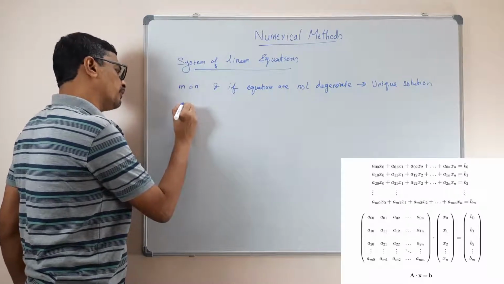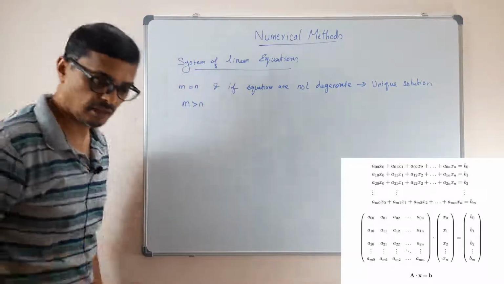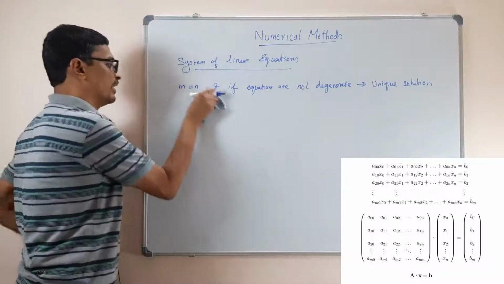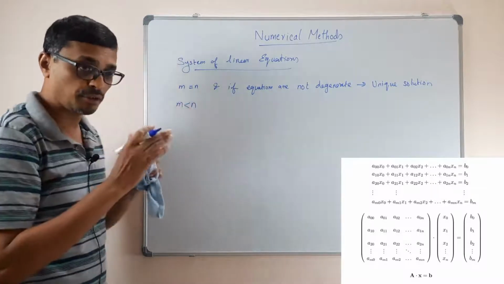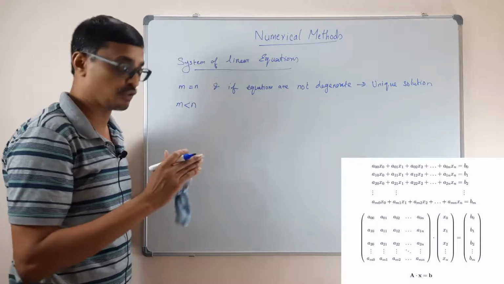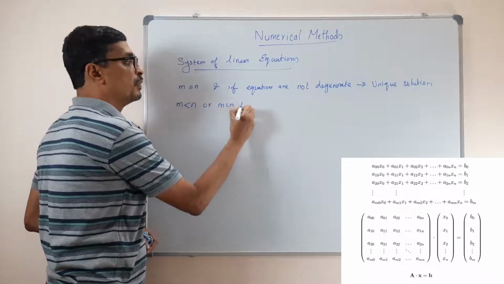Now, let us take m less than n. That means the number of equations is less than the number of unknowns, or m equals n but the equations are degenerate.